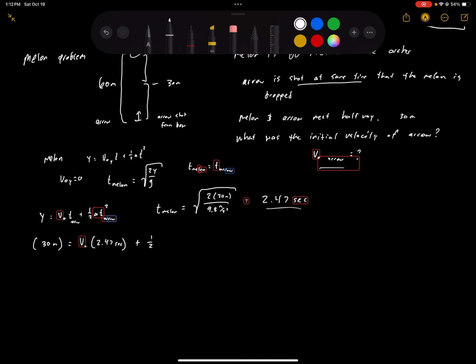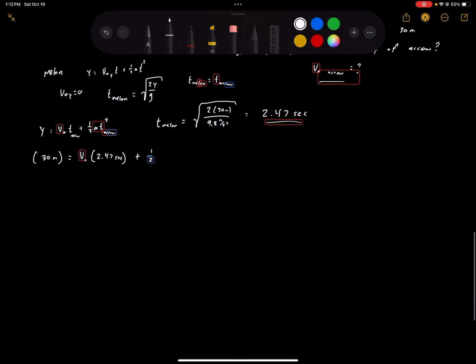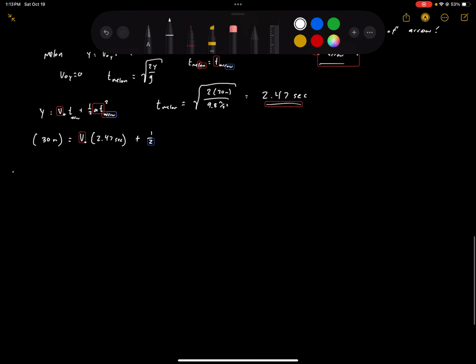Now, the arrow is going up 30 meters. All right, well, gravity goes down, and the acceleration of gravity is 9.8 meters per second squared.